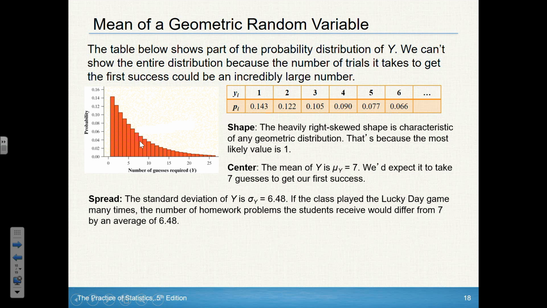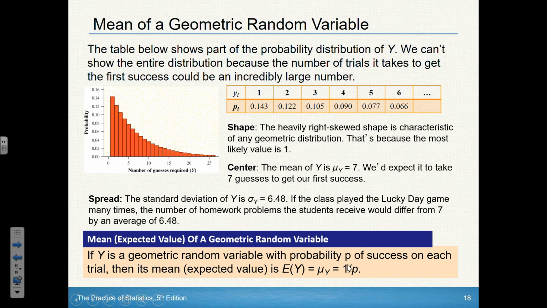So 1 out of every 7 we expect to get correct, so the mean is going to be 7. A more simple way to identify that is the expected value of y, or mu sub y, is just 1 over p. So since we have 1 over 1/7, that reduces to just 7. That would be our center here.